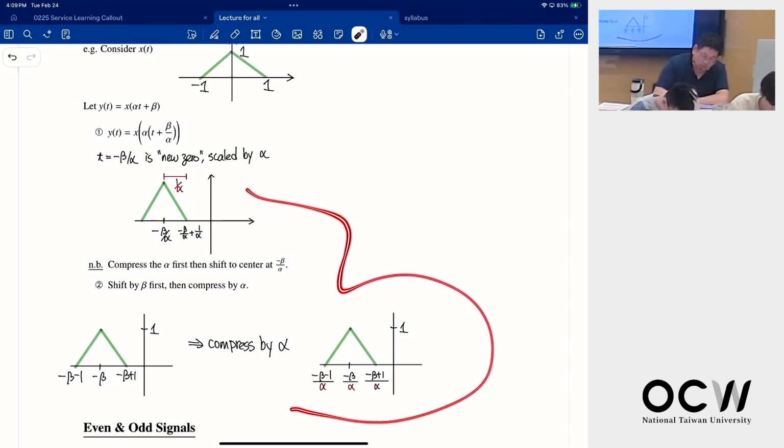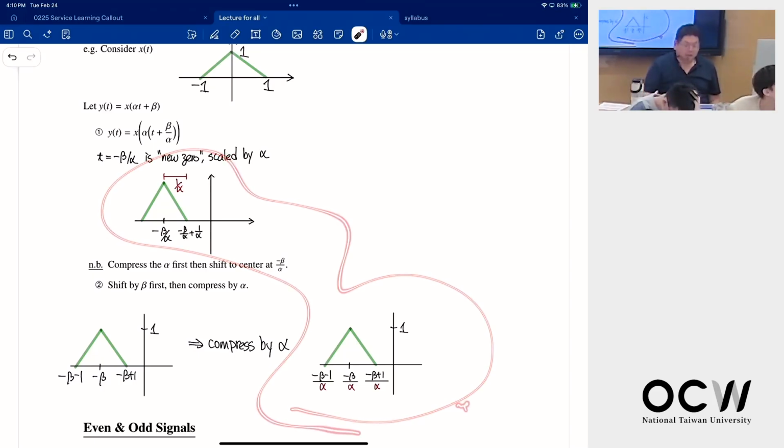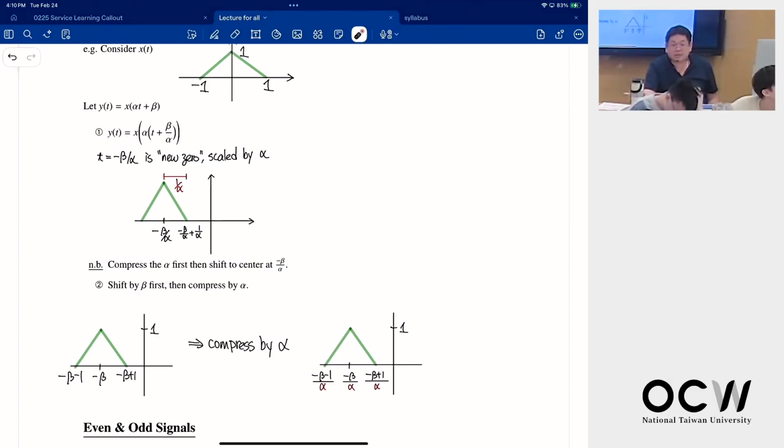You have similar results. So no matter that you do the compression first or you shift first, you will get the same result.